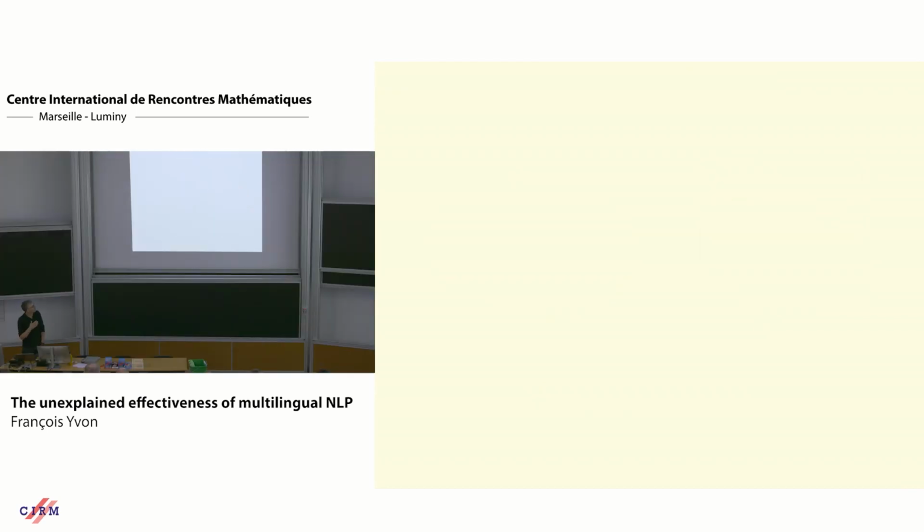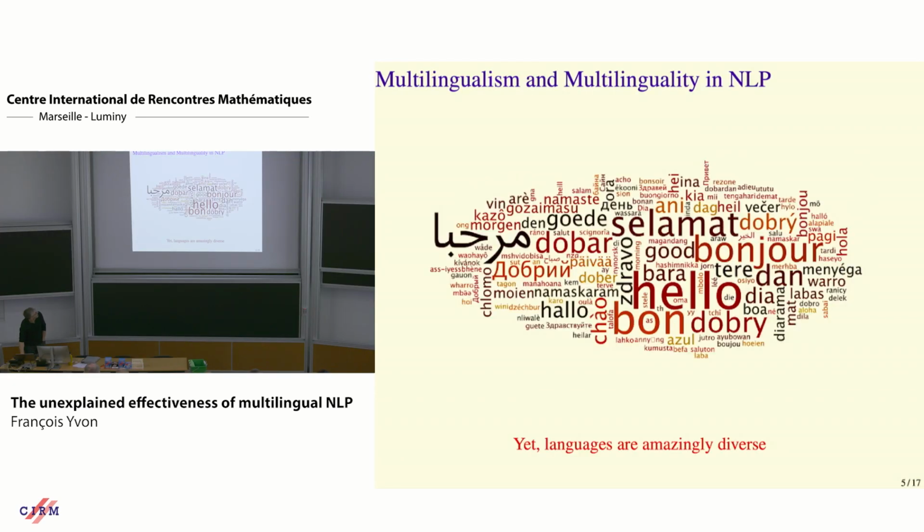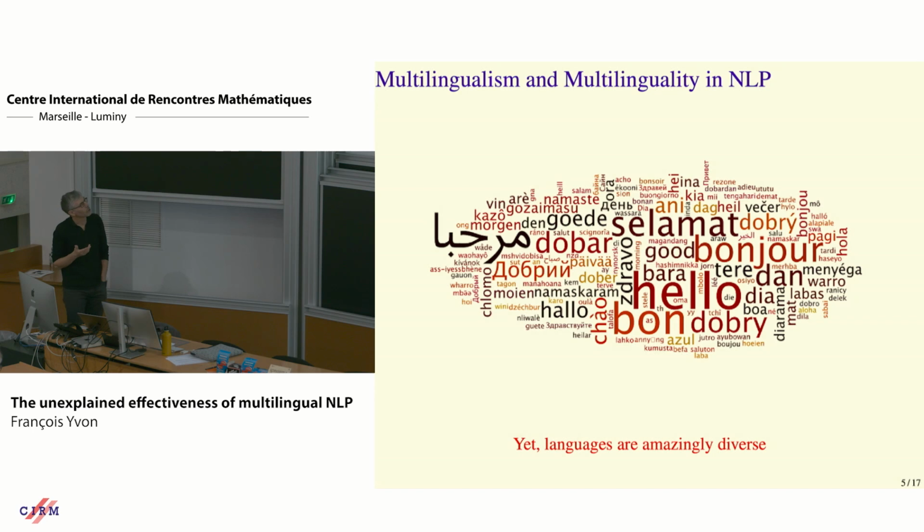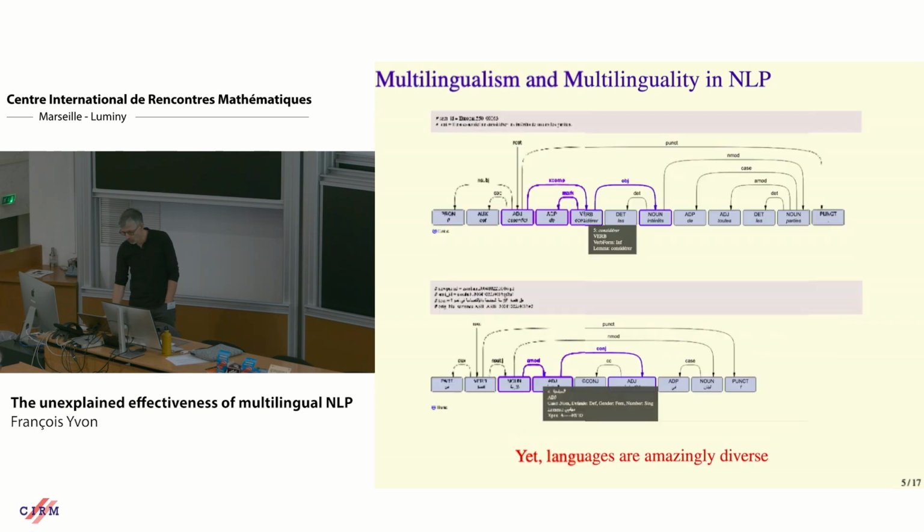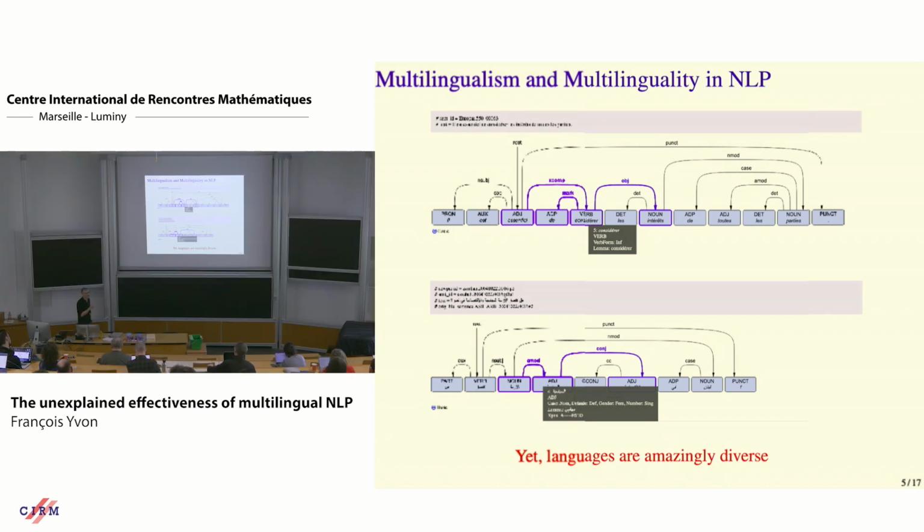Still, when we look at languages, we observe at the surface a huge diversity. A huge diversity of sound systems, a huge diversity of scripts, a huge diversity of structural organization as well. This is exemplified by these trees. On the top, you have a French sentence, and in a French sentence, typically the subject would come first, and then the verb, then the object.